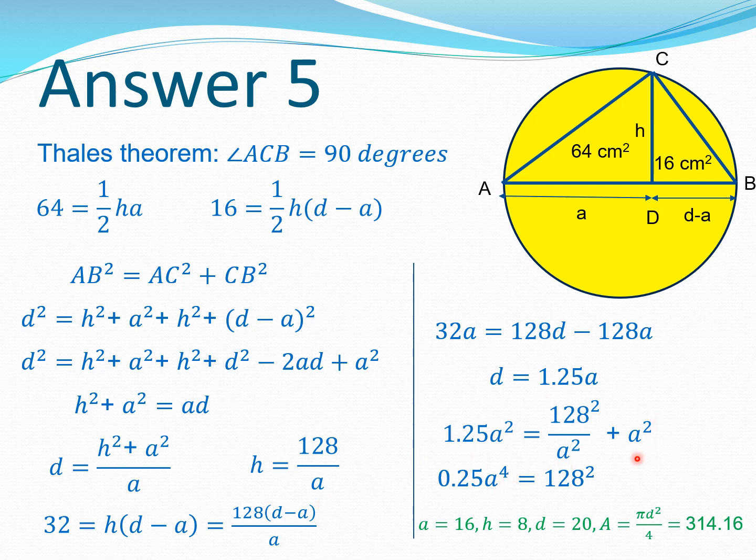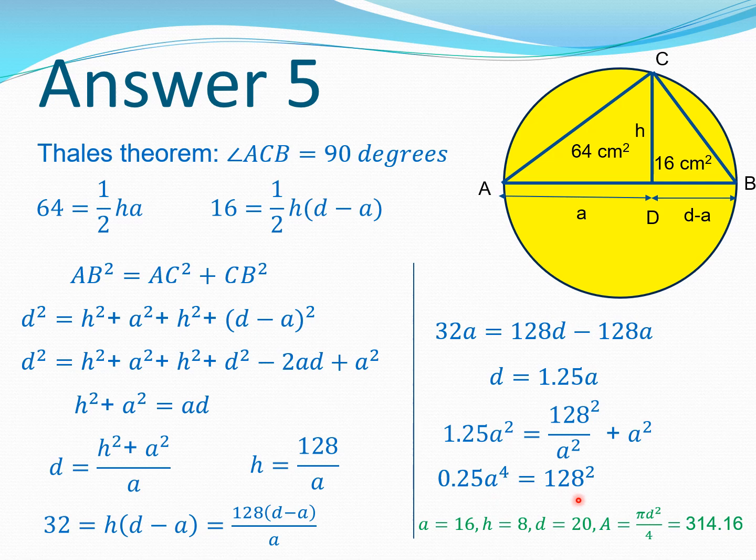Now I have an equation with only a there, and now I can try to simplify this. If I bring a square here, I'll get 0.25 a square, and this will be 128 square by a square, and then I bring the a square to the left hand side. So I'll get 0.25 a to the power 4 is 128 square.